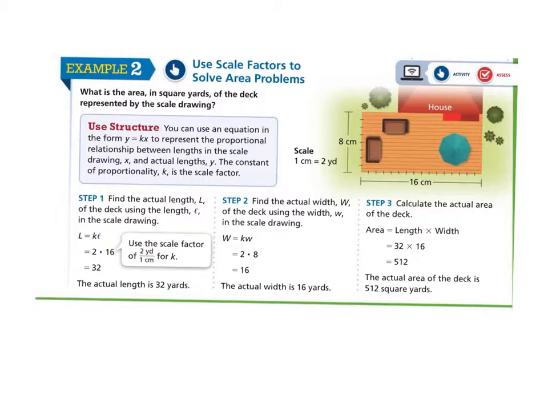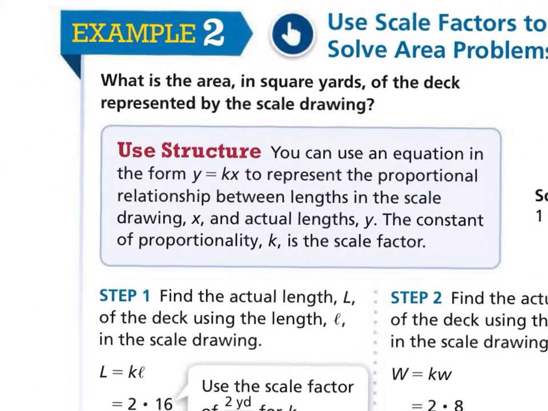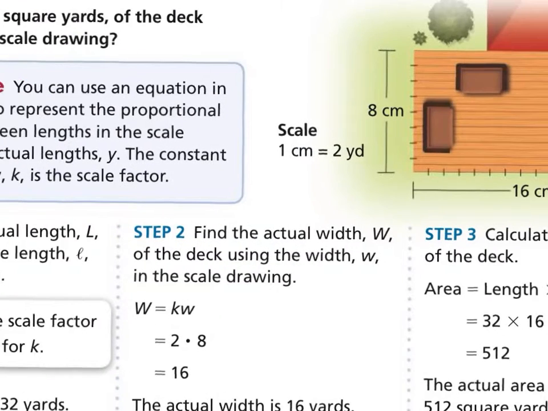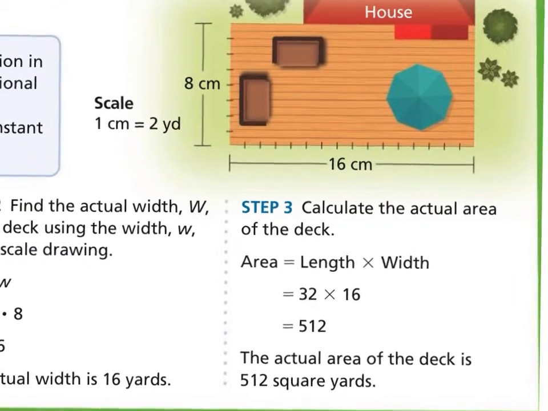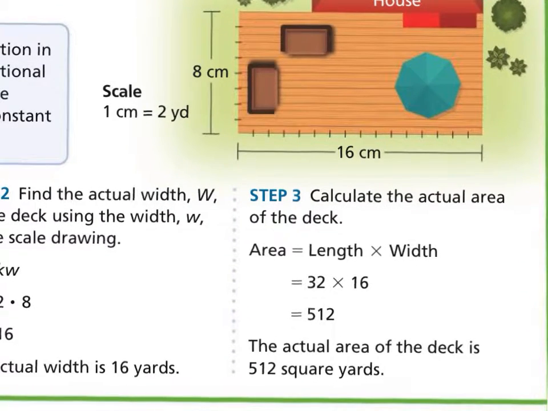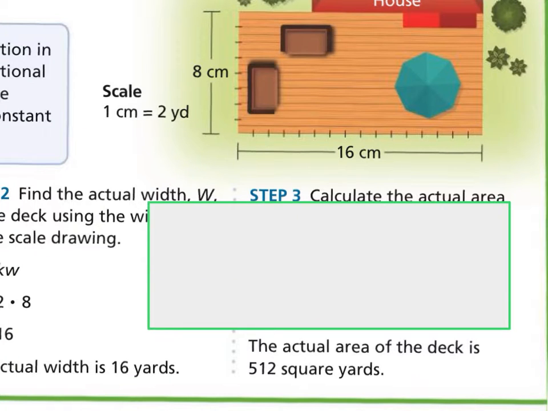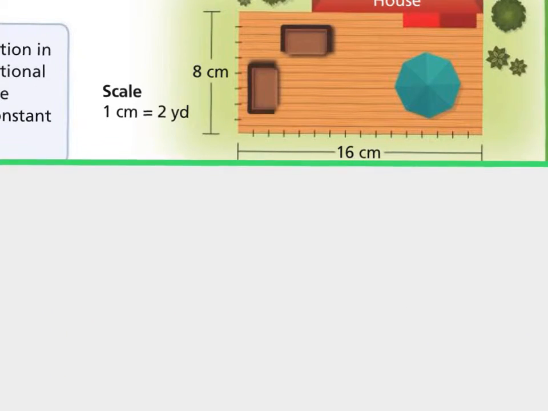Example 2, they're asking what the area is of the deck represented by the scale drawing. Again, I'm choosing to do this a little differently than the book. To find the area, we actually need to know what the actual length and width of the deck are. We can do proportions, or I know you can probably just figure out what's happening here.